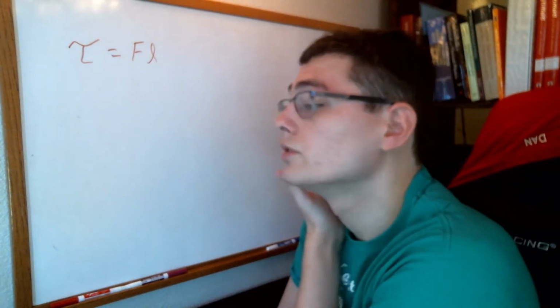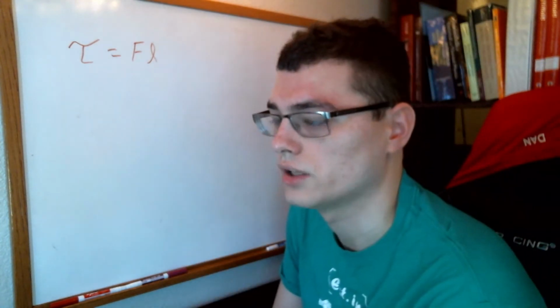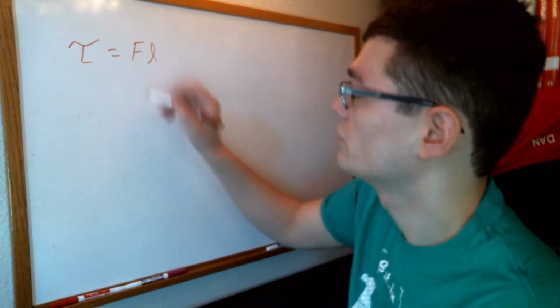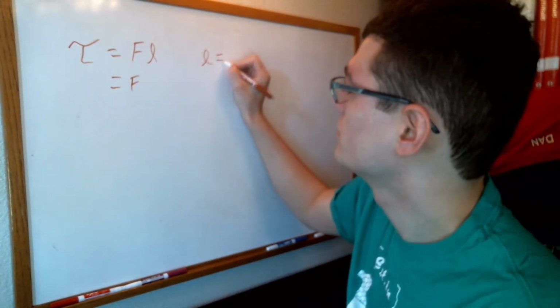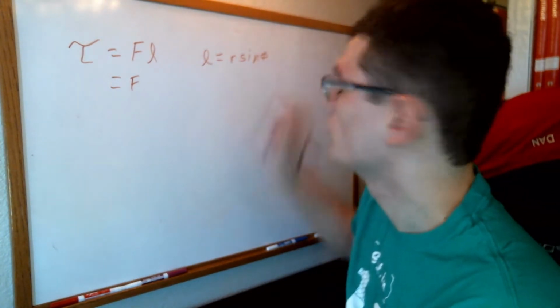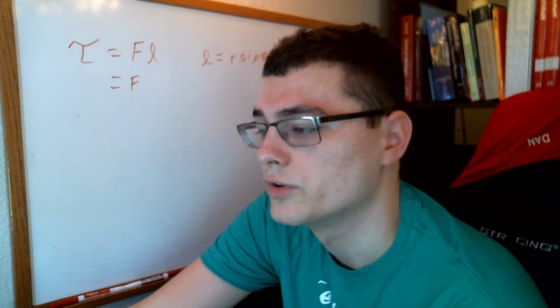And what we can do is expand L, break it up. We can say that L is equal to R sine phi, where phi is the angle in between the object.